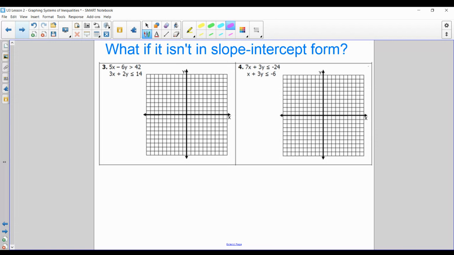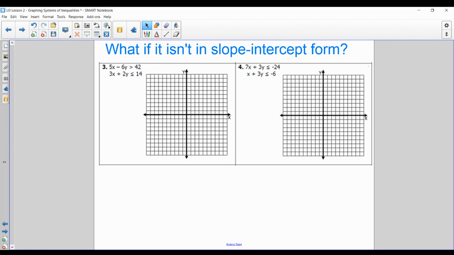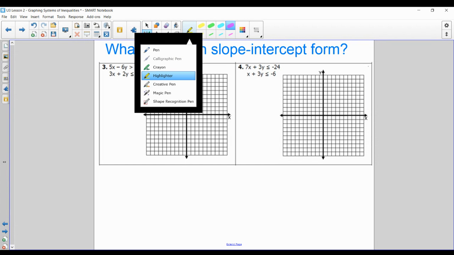Okay, so what if it isn't in slope-intercept form? What if it is in general or standard form? So remember, all we have to do is go ahead and solve these for y.